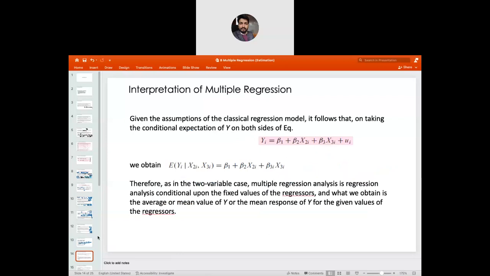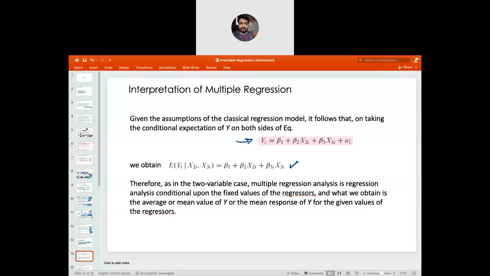How do we interpret multiple regression? So we have this. Let us take the expectation on both sides, right? If we do it, we will get this equation: expectation of y given x2 and x3 equals beta 1 plus beta 2 x2 plus beta 3 x3.